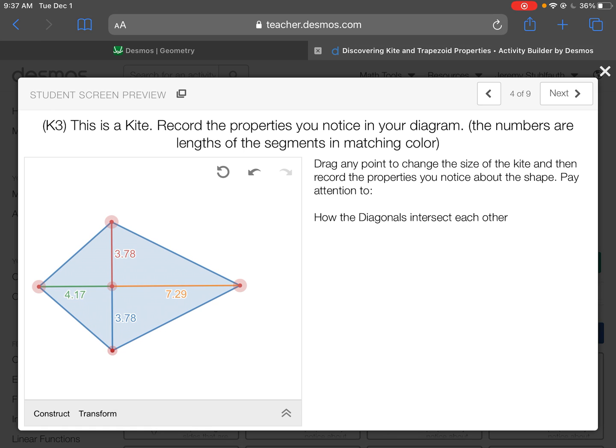What you should notice is that the diagonal from the vertex angle is a perpendicular bisector. So they're perpendicular, and the diagonal that connects the vertex angles is actually bisecting the diagonal that connects the non-vertex angles.